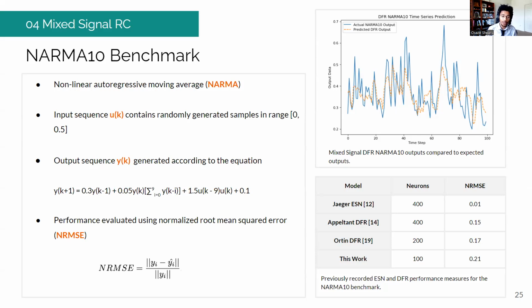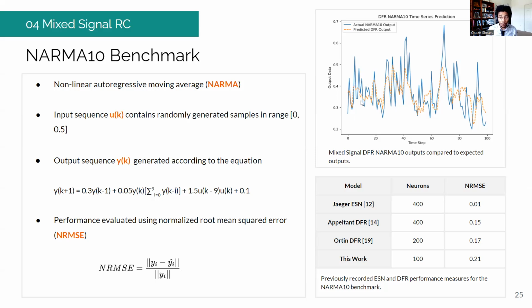The idea behind this is that we are generating output samples. This is more or less a moving average time series generated according to the equation below. Random inputs are generated in the range 0 to 0.5, and these inputs are passed into this function in order to generate the output time series shown in the top right.